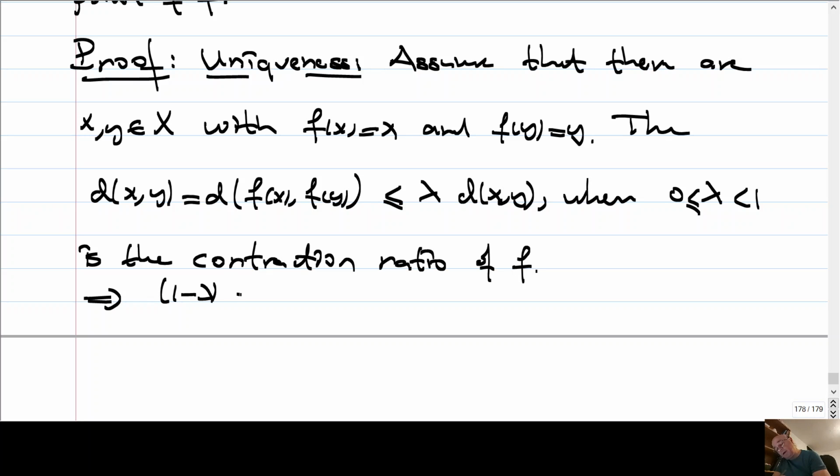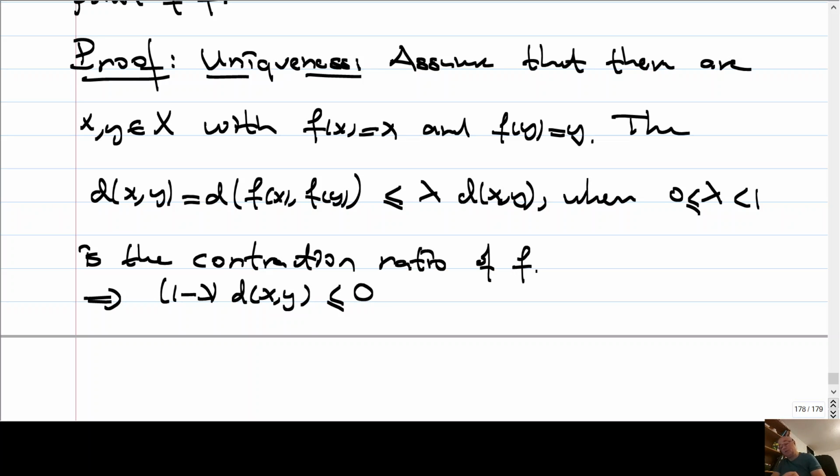(1 minus lambda) d(x,y) is less than or equal to 0. 1 minus lambda is a positive number. It is not 0. d(x,y) is a non-negative number because it is the distance between x and y. And the product of these two real numbers is negative or 0. Since this is positive, d(x,y) should be 0. Otherwise, this would be a positive number less than or equal to 0.